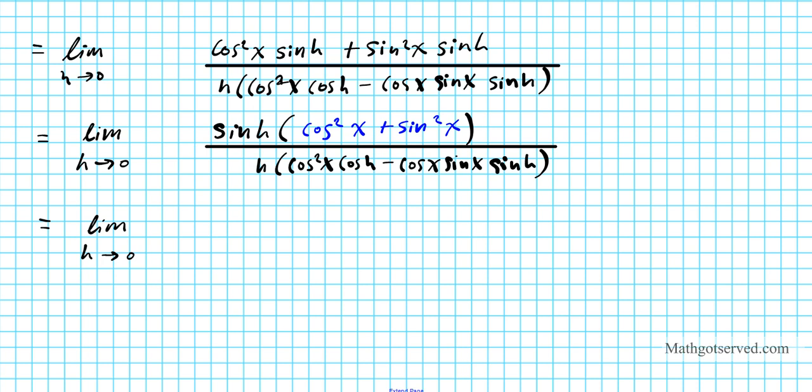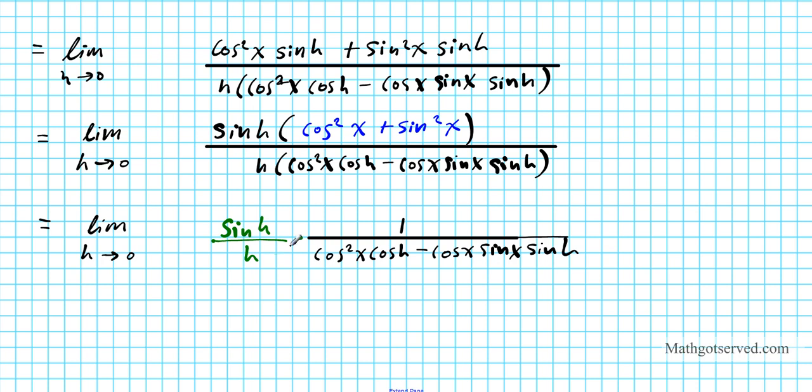I'm going to write it in green, of sine h over h times, now over here, this is 1 divided by this whole thing, which is cosine square x, cosine h minus cosine x, sine x, sine h.